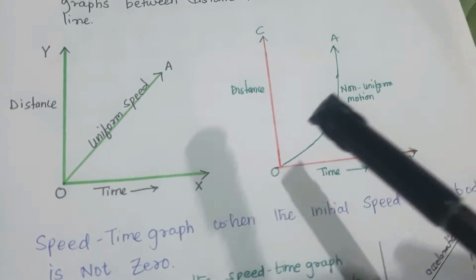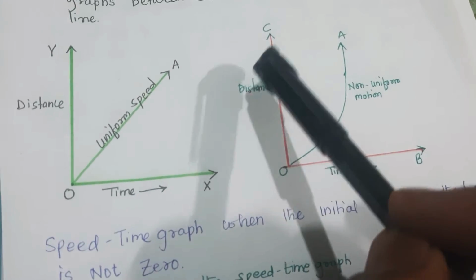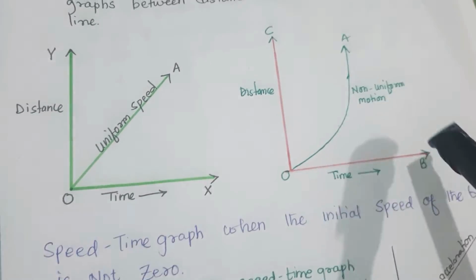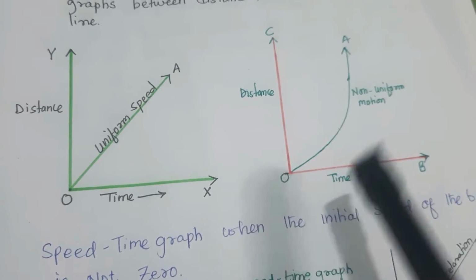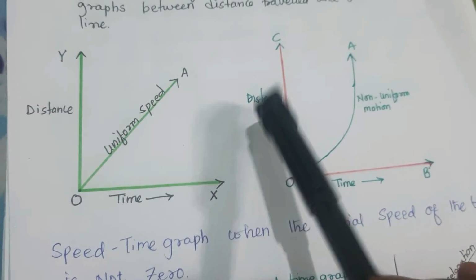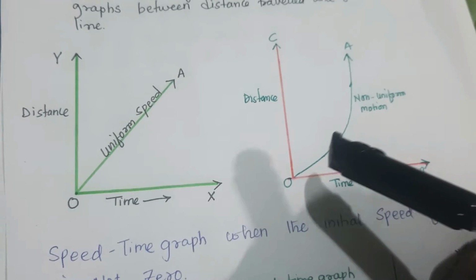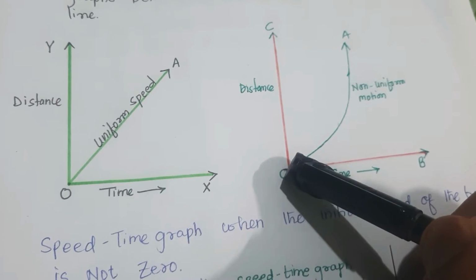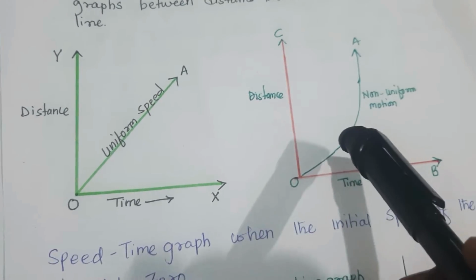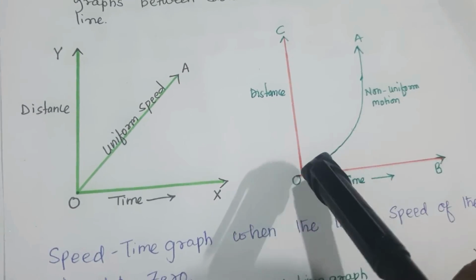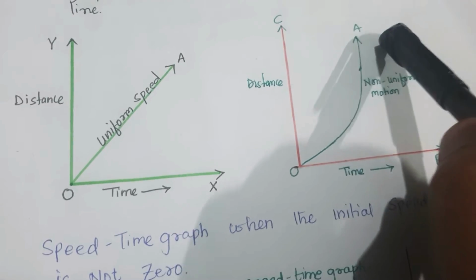And look at this part, here we have the y-axis, this is the x-axis. On the x-axis we represent time, and on the y-axis it is distance. So here the distance is not uniform in equal intervals of time. Because of that, this graph is not straight.